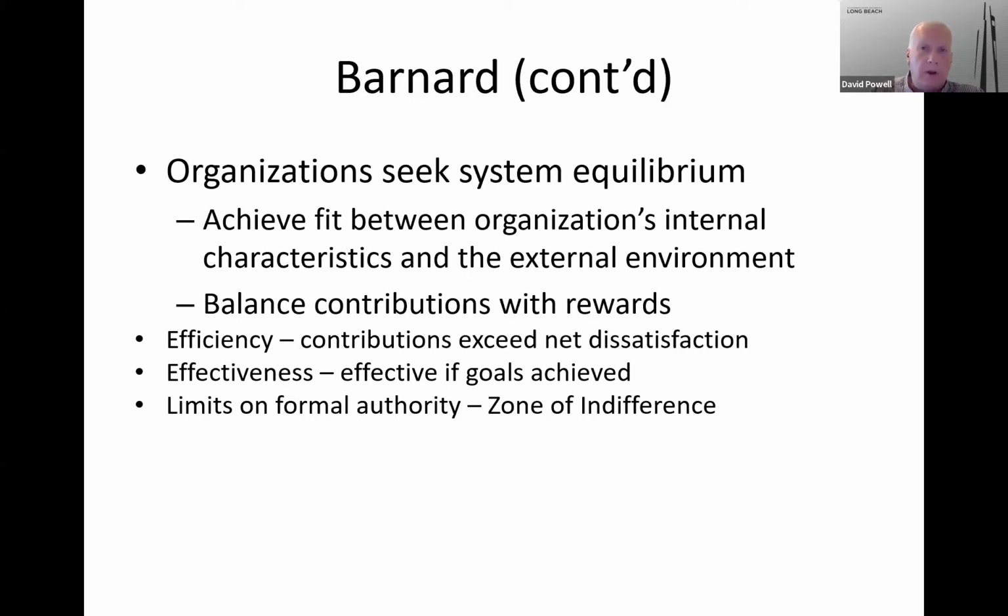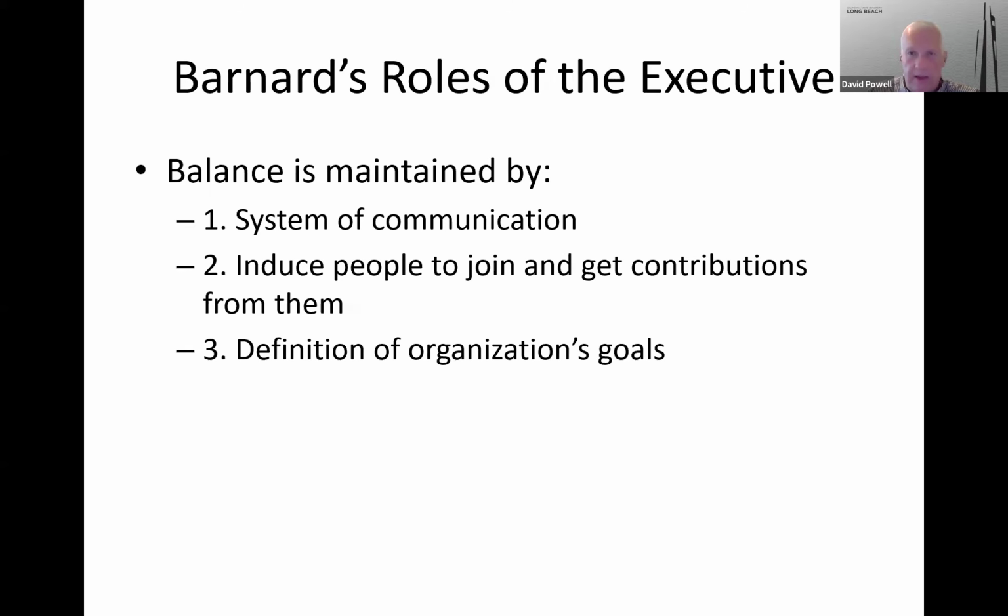So the primary limit on our formal authority as managers to get these contributions is the zones of indifference of our employees. And so we have to operate within the zones of indifference so we do not violate their values and their ethical standards. But again, what Barnard is doing here, very much in line with natural systems theory, is looking for that balance point. How can we balance the contributions and the incentives in order to make our organizations both efficient as well as effective?